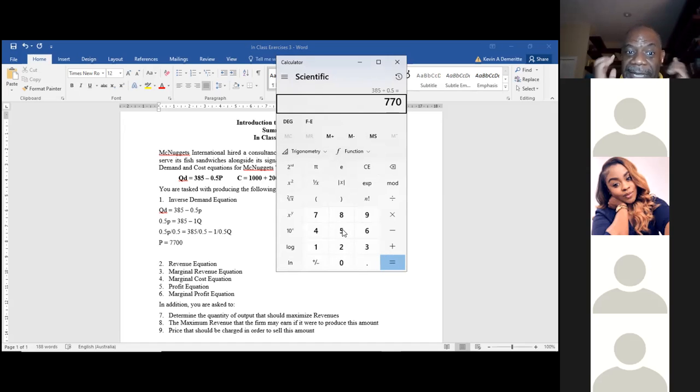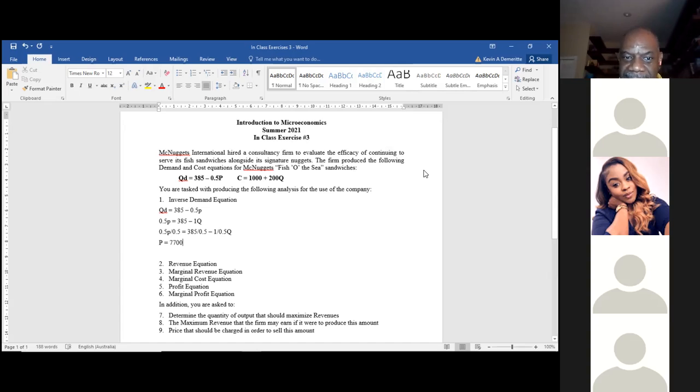All right, because you understand that this inverse demand equation is what you're going to use to get your revenue function, and your revenue function is what you can use to get your profit function. So if you get this wrong, everything else going down the road is going to be wrong.